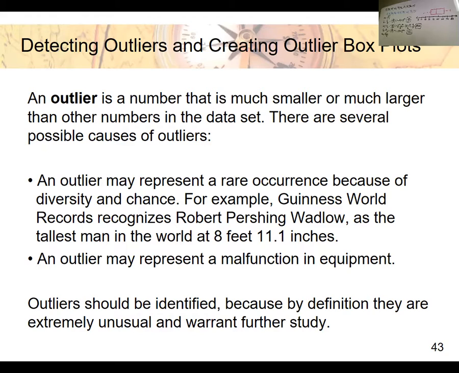Now there are several possible causes of outliers. An outlier may represent a rare occurrence because of diversity in chance. Like in this case, the Guinness World Records recognizes Robert Pershing Wadlow as the tallest man in the world at 8 feet 11.1 inches. That would definitely be an outlier. An outlier may represent a malfunction in the equipment.